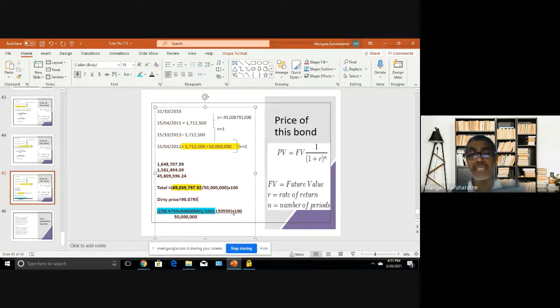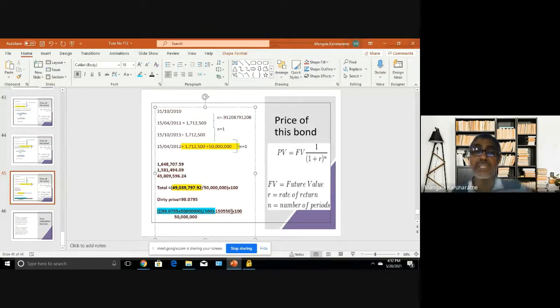So we deduct that and we multiply it by 100 to get the clean price for 100 units and divide it by 50 million, because this is for 50 million. So we divide it by 50 million to get for 1 and then multiply it by 100 to get for 100. So actually this part comes later on.